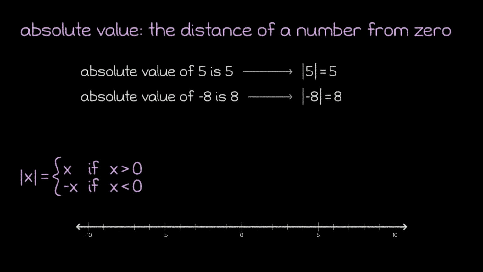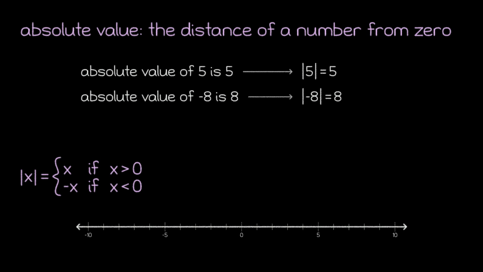In the first case, when x is greater than 0, the absolute value of x is just x. But in the second case, when x is less than 0, the absolute value of x is equal to negative x, since the negation of a negative number is positive.